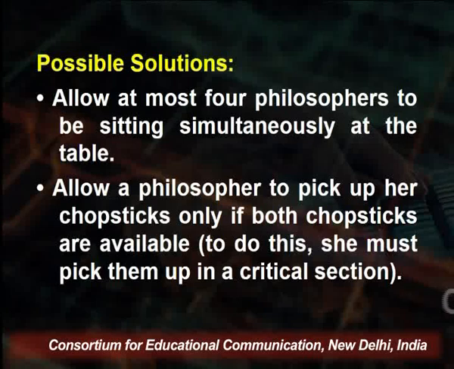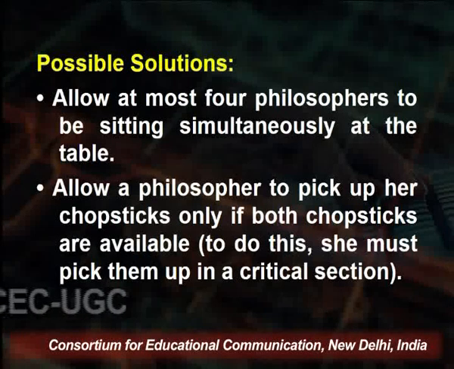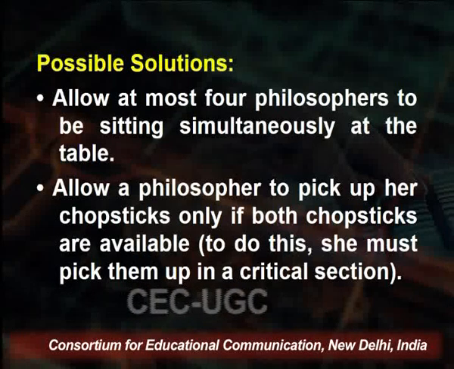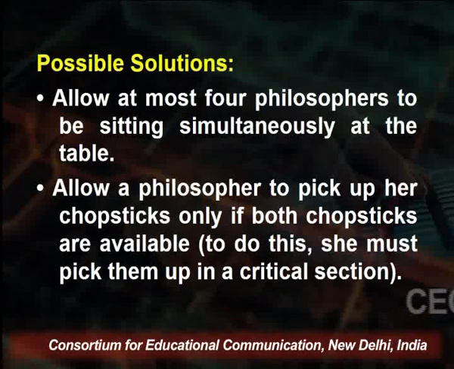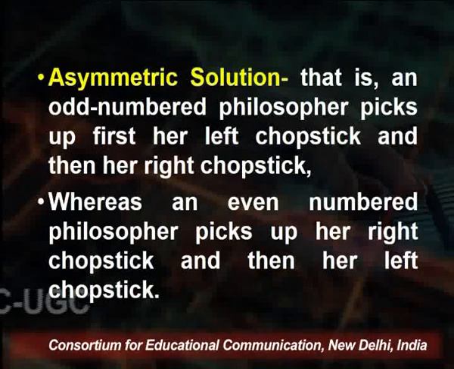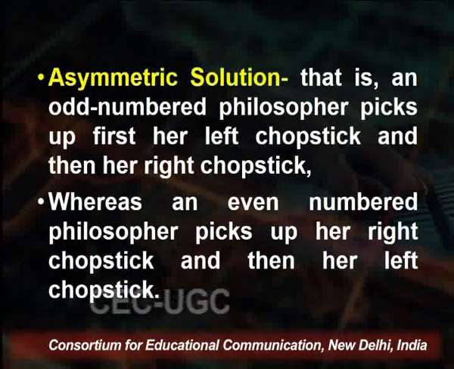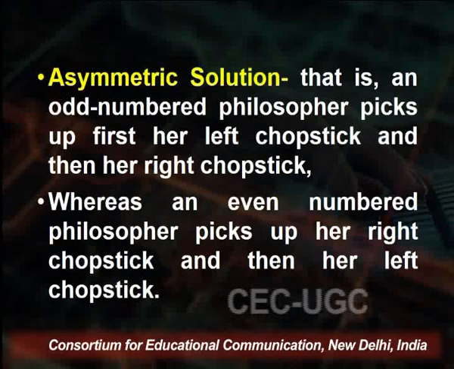That means, in order to implement this situation, she must pick the chopsticks in a critical section, because only then is it possible. Another solution is an asymmetric solution: an odd numbered philosopher picks up first her left chopstick and then her right chopstick if available, whereas an even numbered philosopher picks her right chopstick and then her left chopstick.